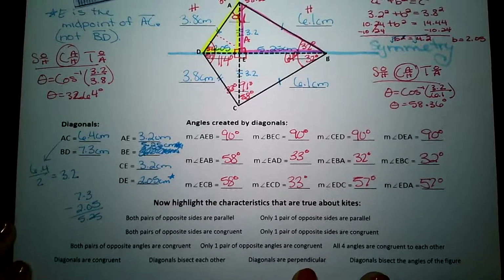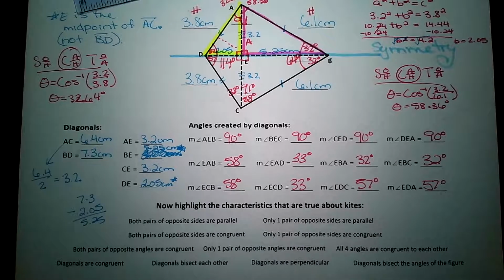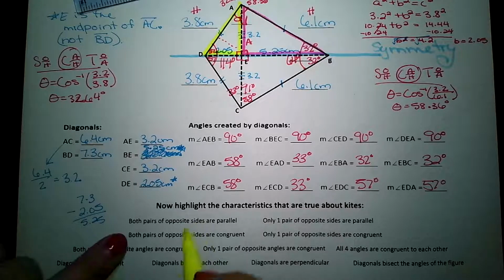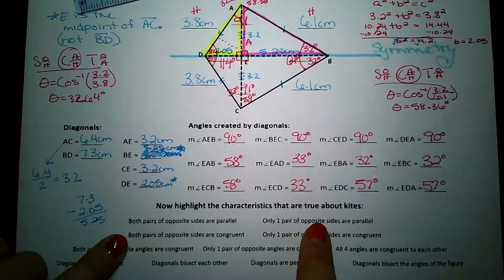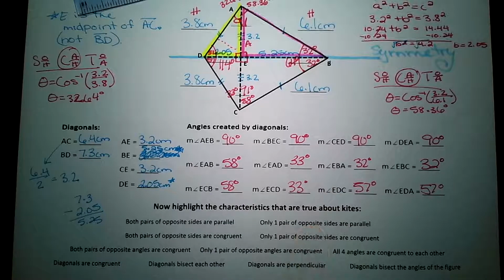Now, let's take what we know about kites and let's write up our characteristics for every kite. Both pairs of opposite sides parallel. No way. Not even one pair of opposite sides parallel. A kite is so out there in the world of quadrilaterals. There are no parallel pieces, so we never talked about alternate interior.